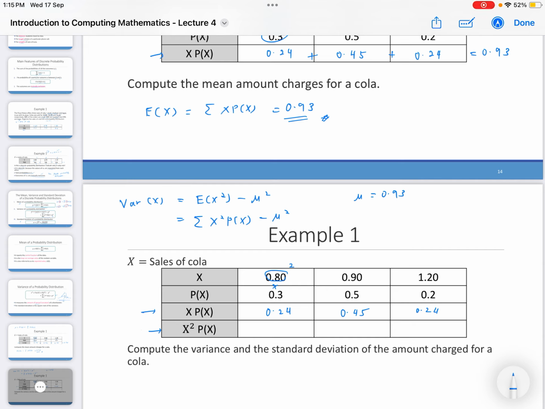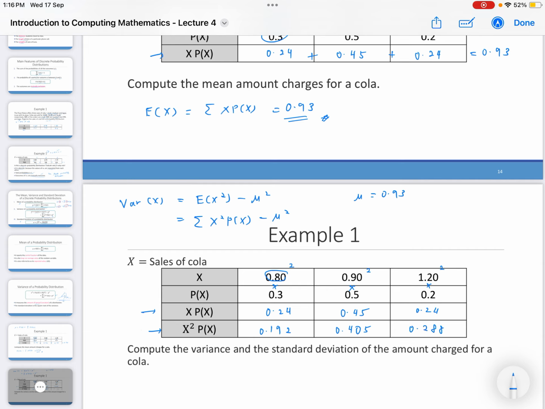So this one is 0.8 squared times 0.3. So we get 0.192. And then this one, 0.9 squared times 0.5, we get 0.405. And then this one is 1.2 squared times 0.2, we get 0.288.